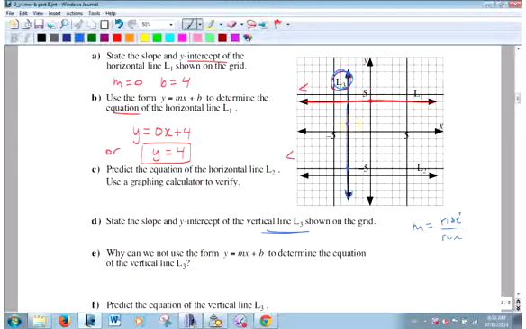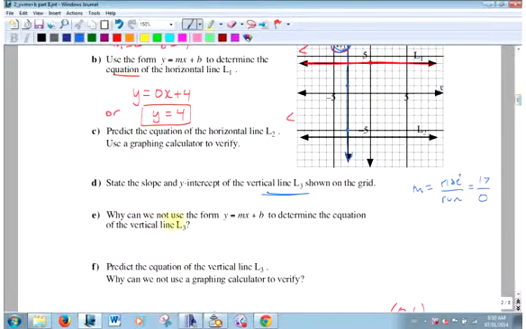It doesn't. There's no horizontal distance from those 2 points. The run on a vertical line is always 0. I don't care how far the rise is, 2, 3, 6, 17. It doesn't matter what this is. How many times does 0 go into 17? We don't know. So we say undefined.